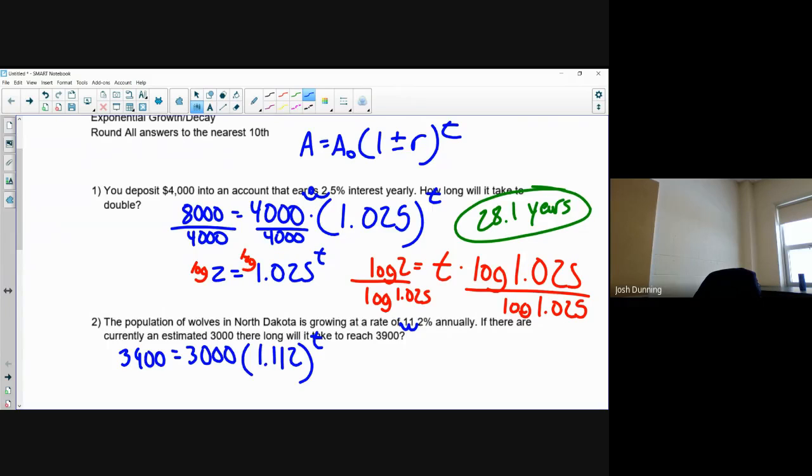And again, you've got to cancel out everything besides the base and the exponent. So I'm going to divide by 3,000. You divide 3,900 by 3,000, you get 1.3.